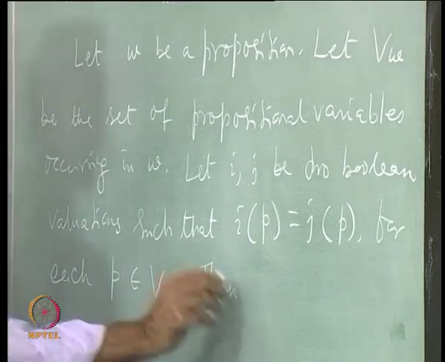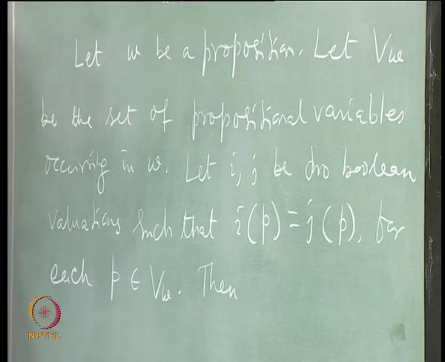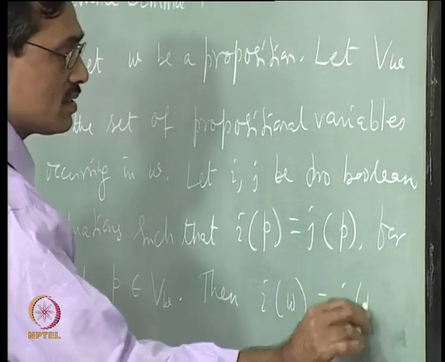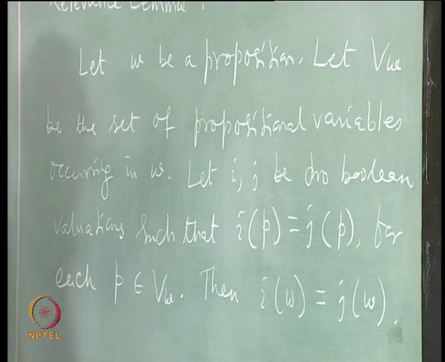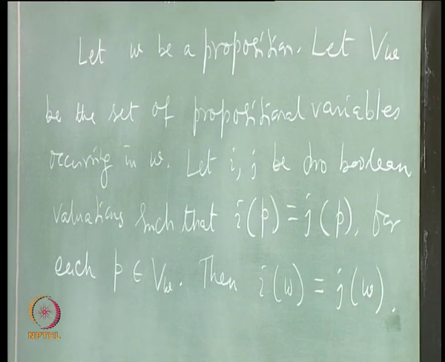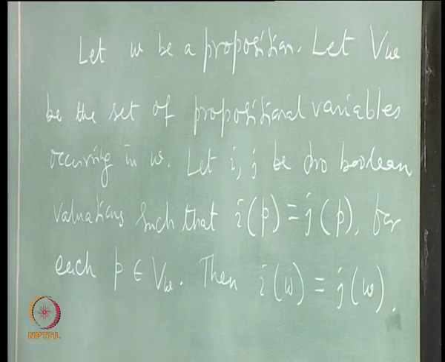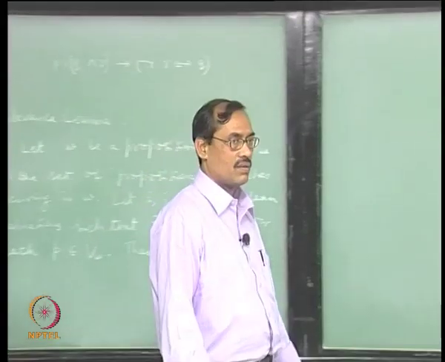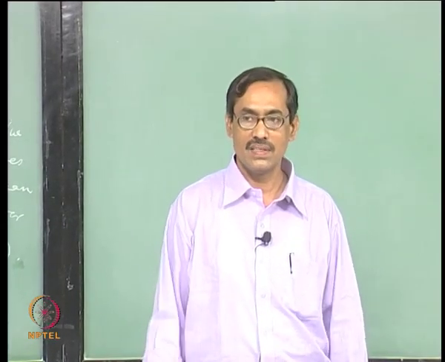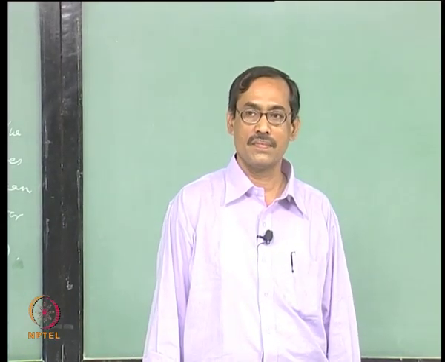They should agree on W itself. Then I of W must be equal to j of W. Is the formulation clear? So, if some propositional variable does not occur in W, it does not really bother us, fine.